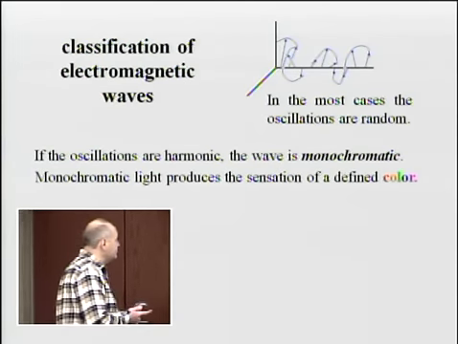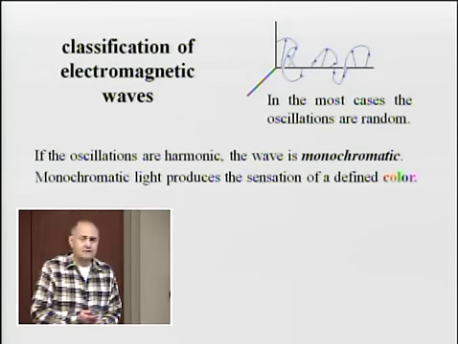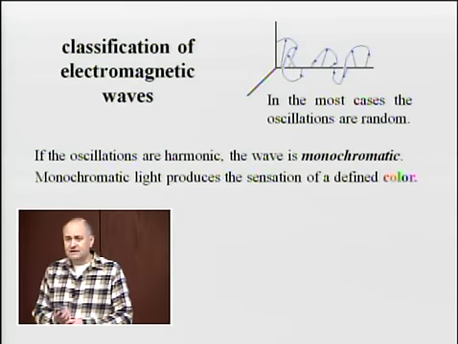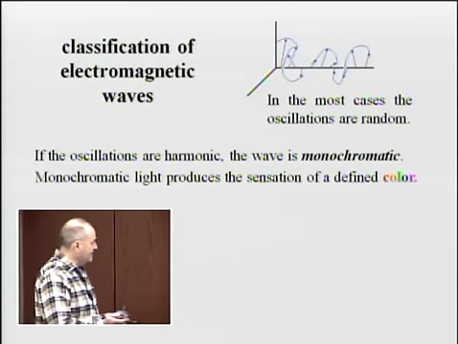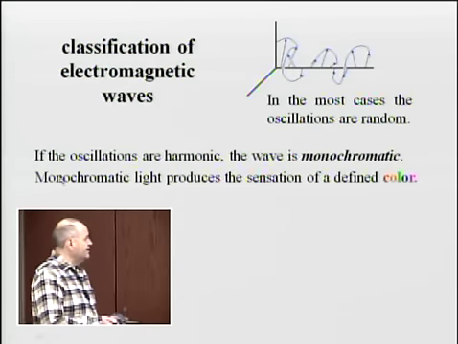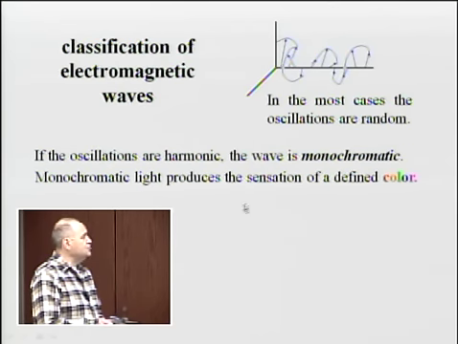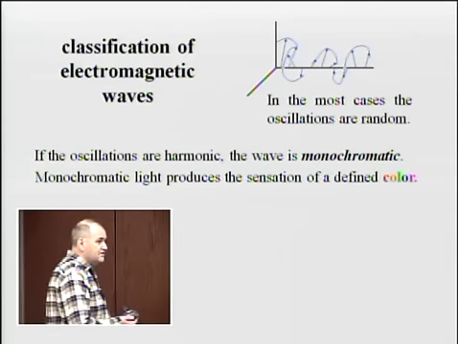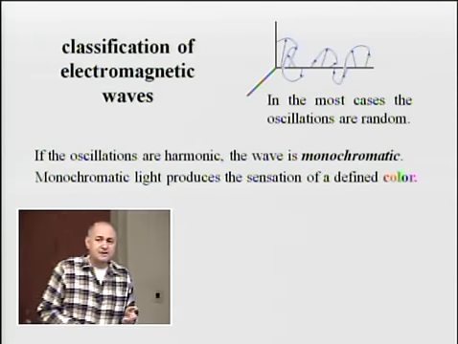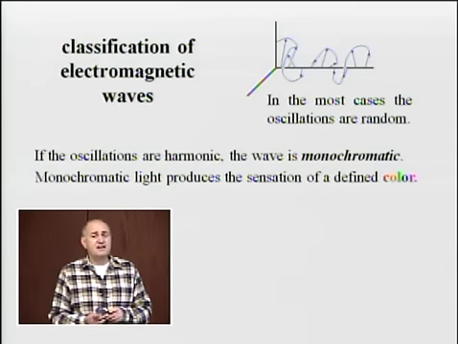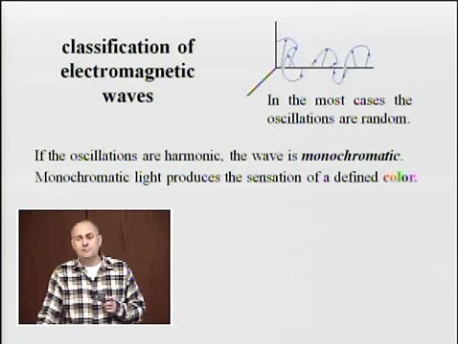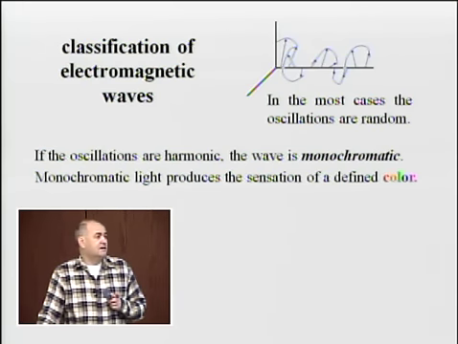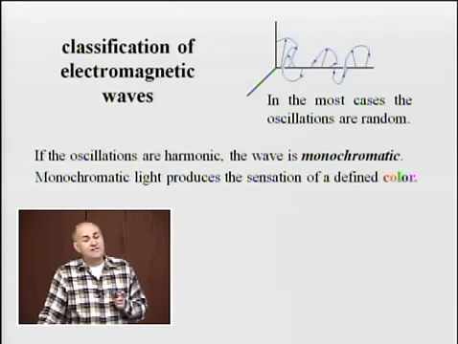We have a certain confusion, however, confusing being monochromatic with assigning a color. It is true that monochromatic light will produce a sensation of a defined color. So, for example, if the propagation vector is such that the wavelength of the wave is a little bit over 0.55 microns, we will see it as green.